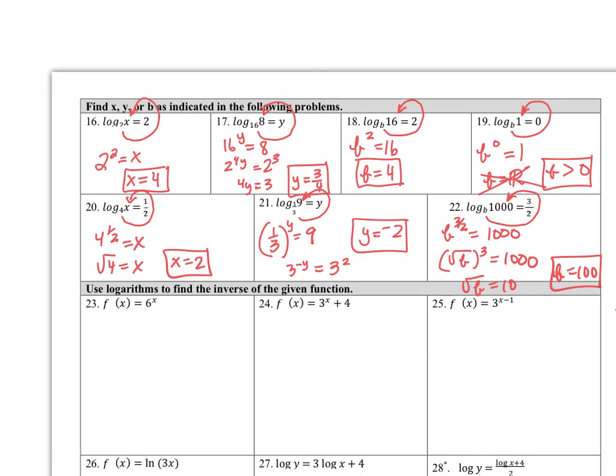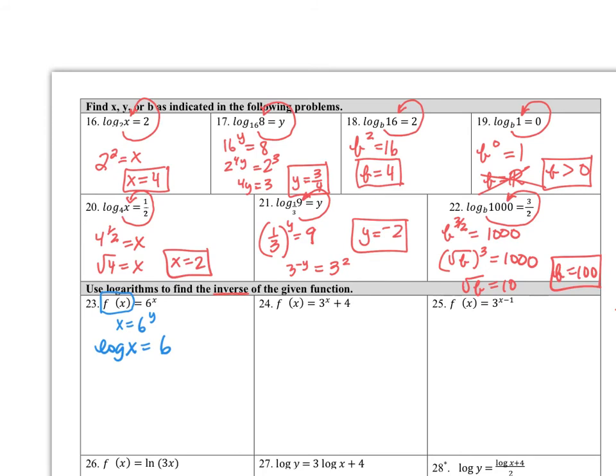The next part, use logarithms to find the inverse. Okay, here's the hardest part, I think, of what we're doing, finding the inverse. That's when you interchange the x and y and then solve for the other variable. So remember, this represents y. So now we're going to put x and flip-flop and put y up there. So now if I want to solve for y, I need y as an exponent here. I need to get y down off of that, so we have to do the log of both sides. Oops.